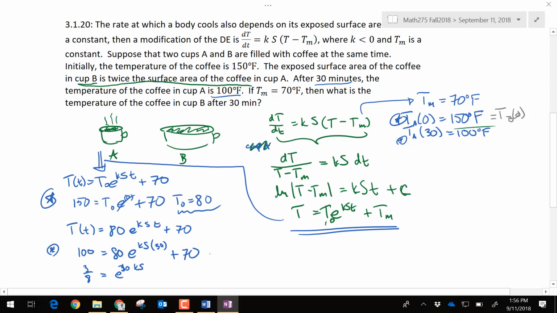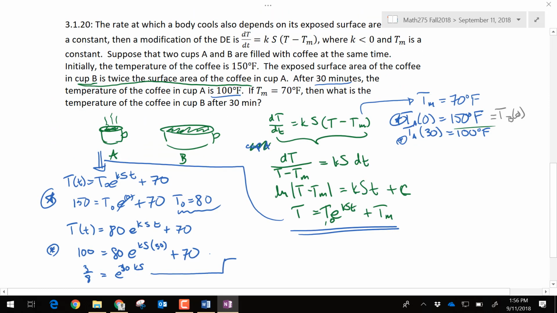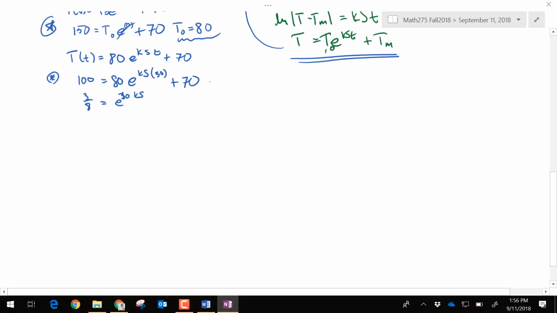And then at this point, let's just try to solve for K. We have to take the ln of both sides. So ln of 3/8 equals 30 Ks.